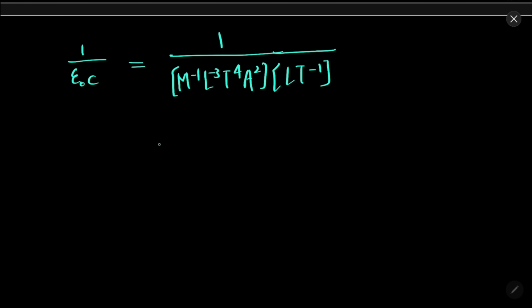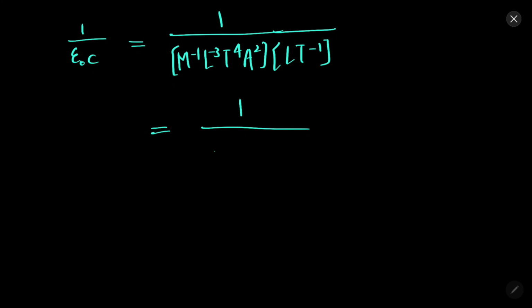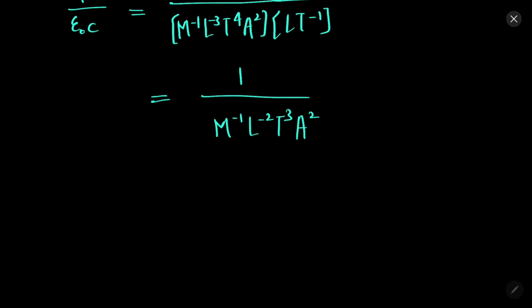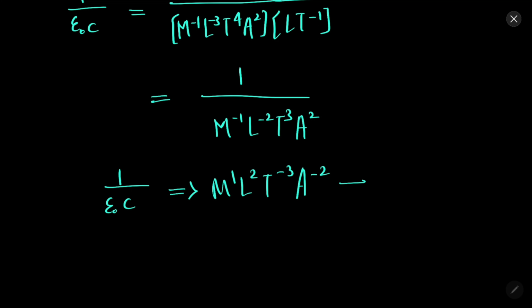So it will give us 1 over M minus 1 L minus 2 T3 A2, and this can be written as M1 L2 T minus 3 A minus 2. So these are the dimensions of resistance. Actually, these are the dimensions of resistance.